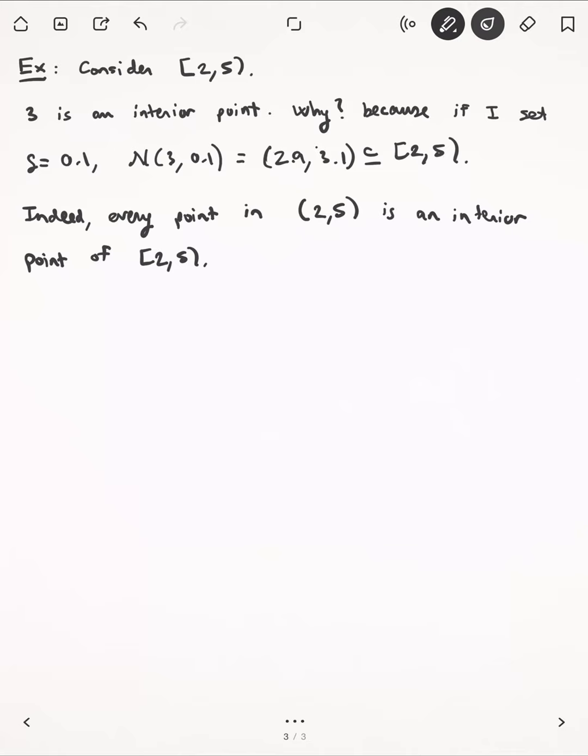And this again has to do with the properties of an ordered field. There's no real number that's just immediately to the left of 5 or immediately to the right of 2, right? And so any number in this open interval (2, 5) is going to be a point interior to the half-closed interval [2, 5). The point 2 is not an interior point.